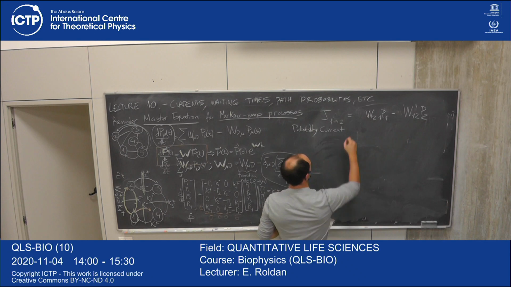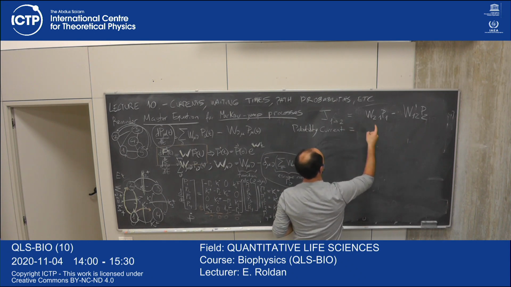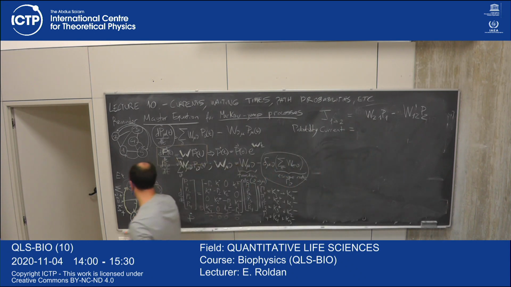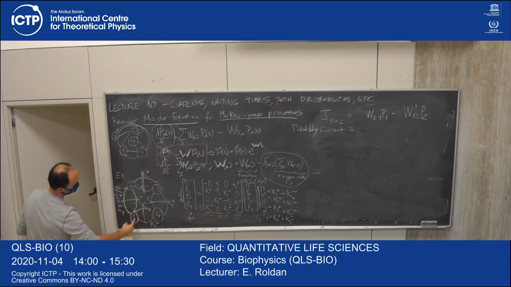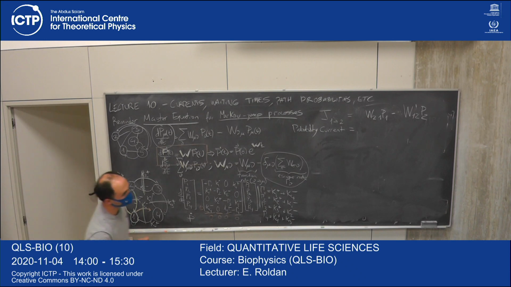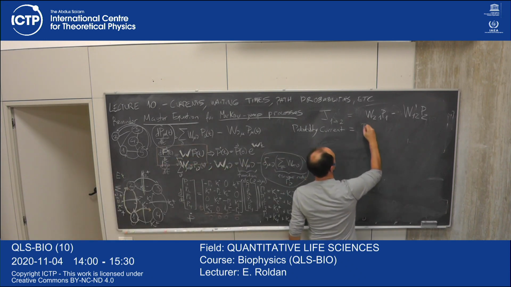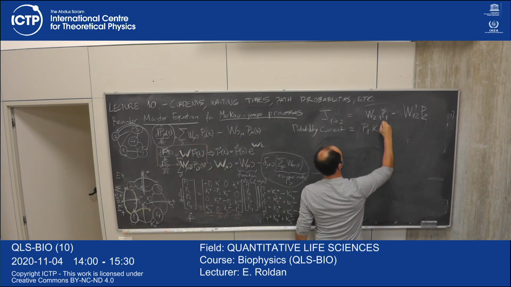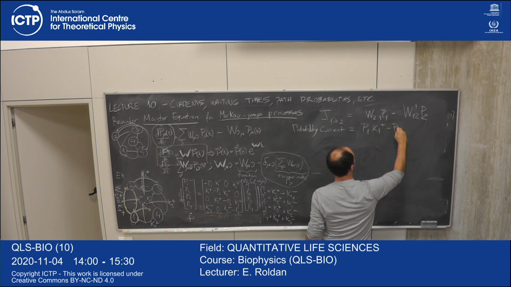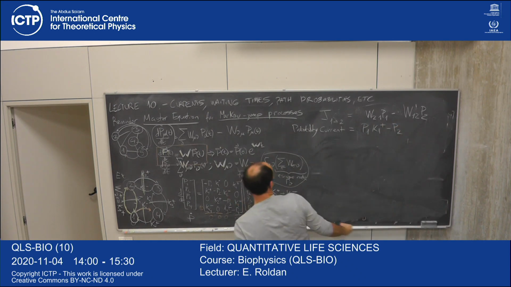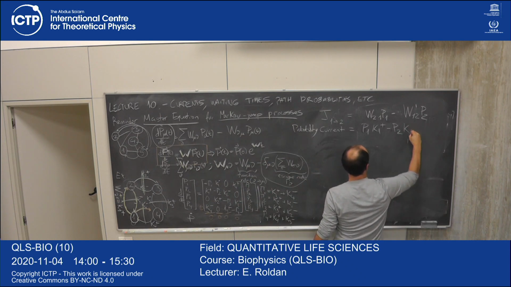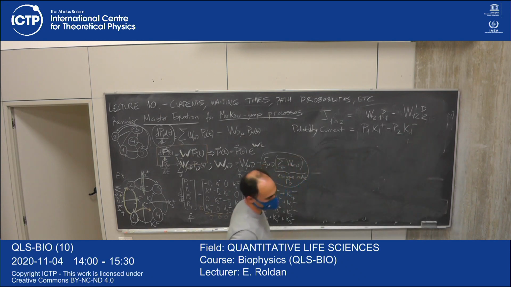In other words, for this model, the current is P1 times the rate that brings you upwards, K1 plus, minus P2 times K1 minus. Okay, that's the current.